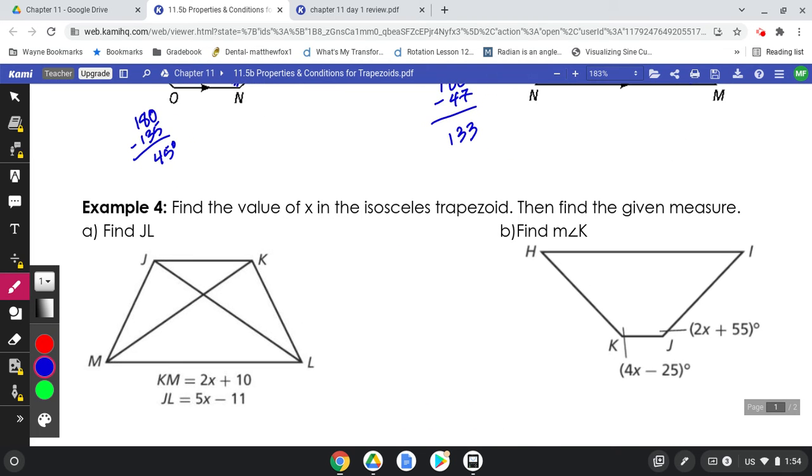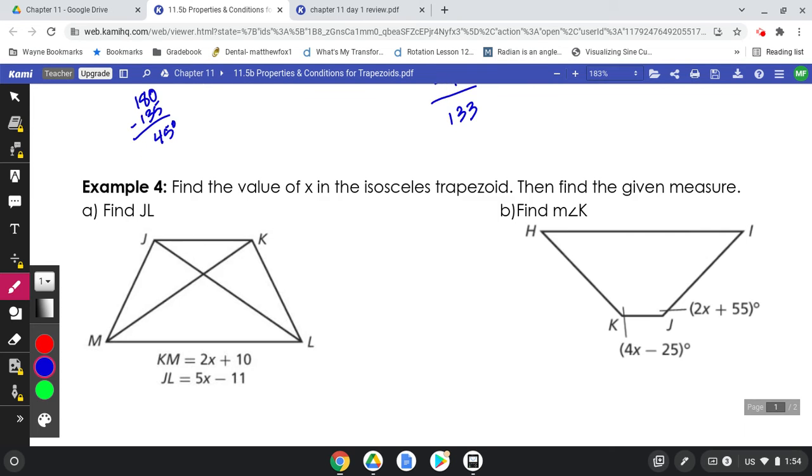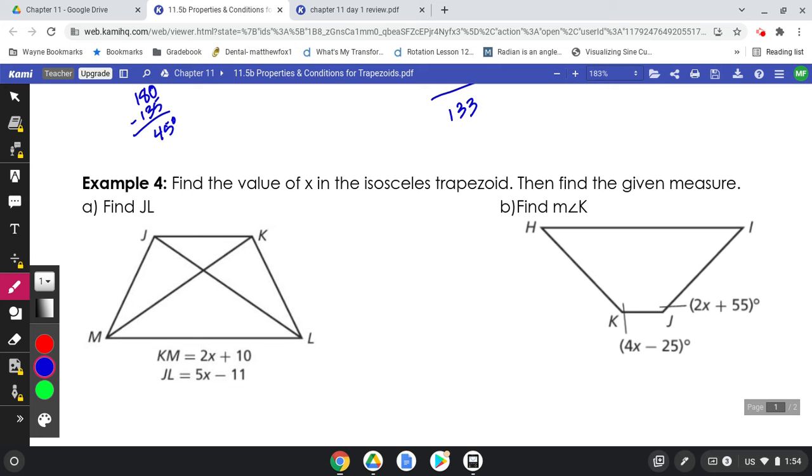Example 4 here, it says find the value of x in the isosceles trapezoid, then find the given measurement. If we look here, KM and JL, they are diagonals. Since it's an isosceles trapezoid, we know that these two sides are the same. We also then know the diagonals will be congruent. So I can just do 2x plus 10 equals 5x minus 11.